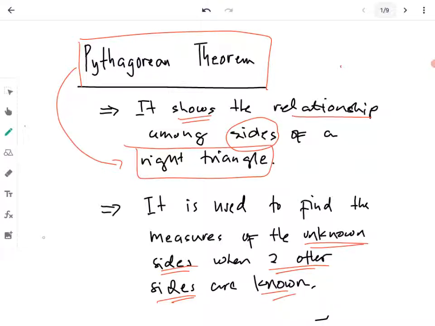So in a right triangle, when two sides are known, let us say 8, 5, we can use these two knowns to find the unknown side. That is actually the end goal of the Pythagorean theorem.